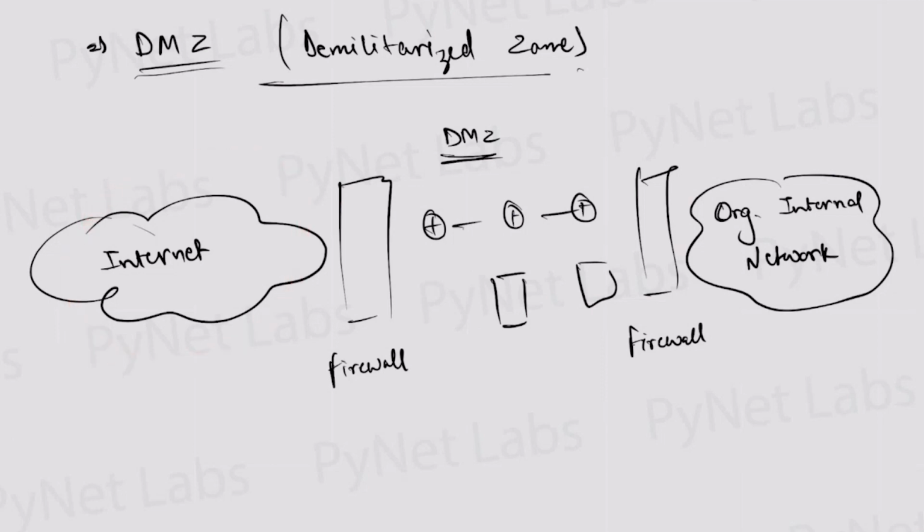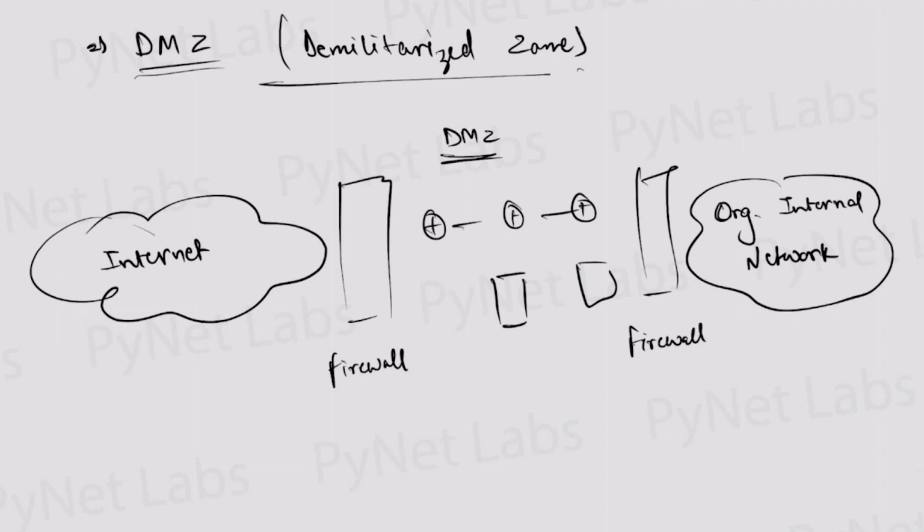But if there is something extremely sensitive, which I cannot expect to get impacted because of some threat, that information will be stored inside the organization's internal network, which is secured by an additional layer of security by deploying two firewalls.